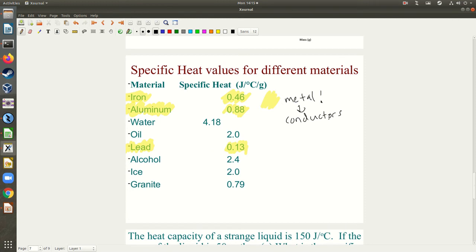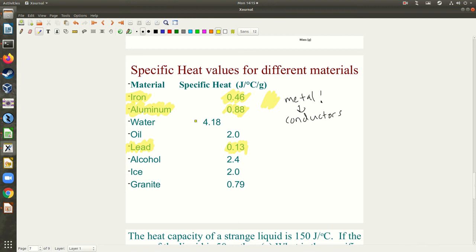Your metals are good conductors. A good conductor basically allows heat or electricity, energy, to transfer through relatively easily. They have very low specific heats because it doesn't take a lot of energy to heat them up or cool them down.